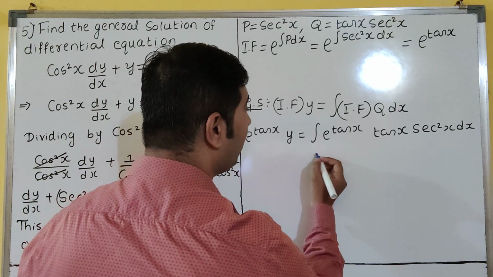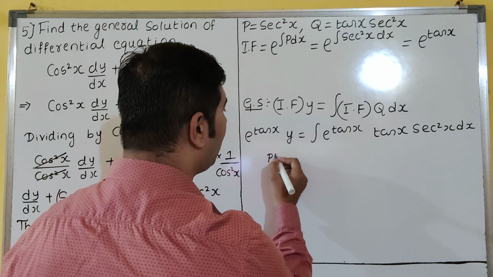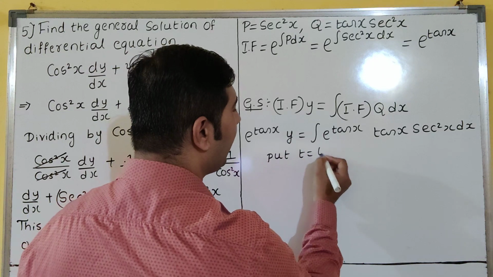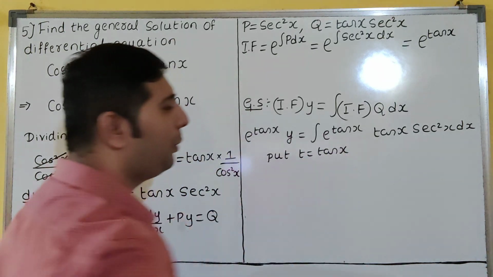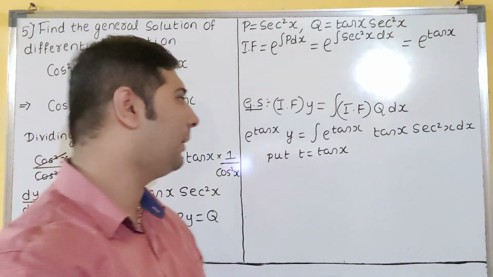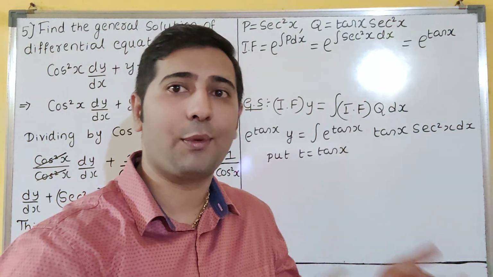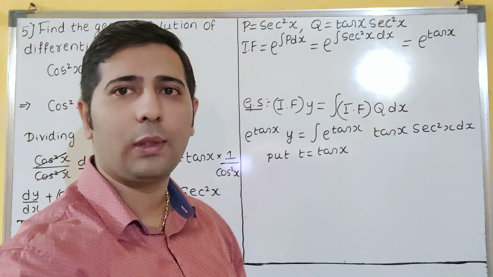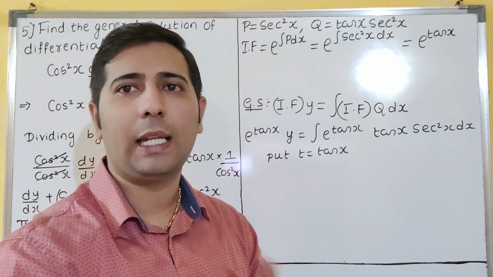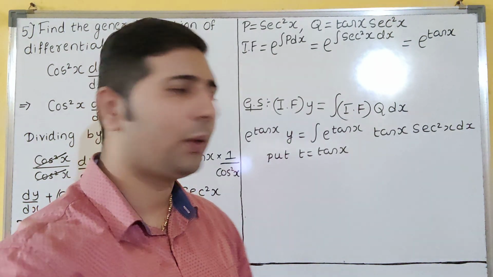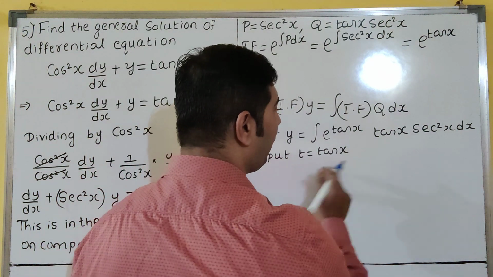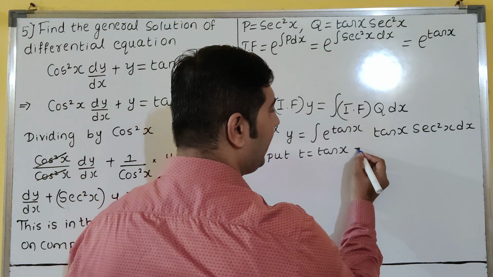So now see here, what we will do here, put t is equal to tan x, dear students. Put t is equal to tan x. Whenever in integration we are putting or substituting something, like t is equal to tan x, we have to take the derivative, dear students. Yes or no? So then we take the derivative with respect to x. Function is in x.